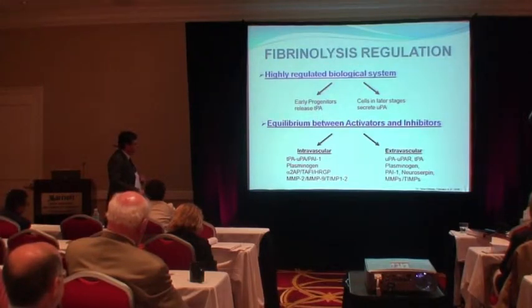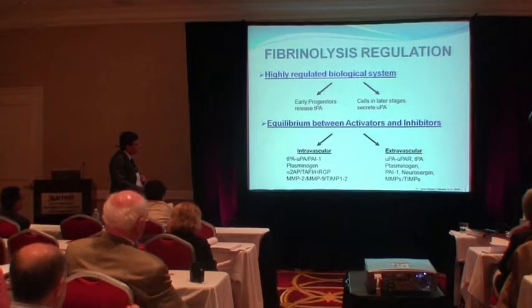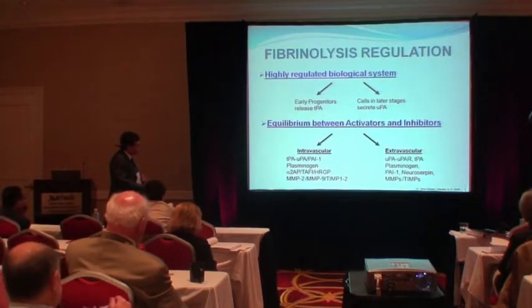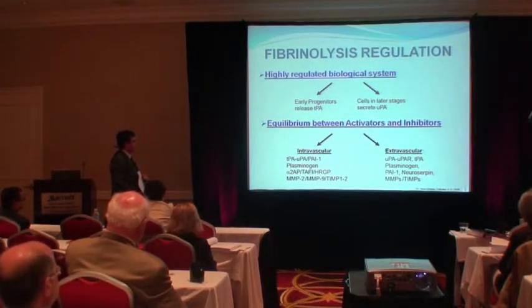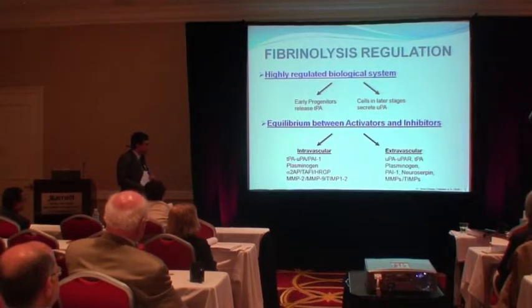Plasminogen is present at a normal concentration, and it is a proenzyme for plasmin with its inhibitor, alpha-2 antiplasmin. TAFI regulates plasminogen binding on the clot, as does, with another mechanism, histidine-rich glycoprotein. And so the matrix metalloproteinases, mainly MMP9 and MMP2, and their inhibitors, TIMP1 and TIMP2.